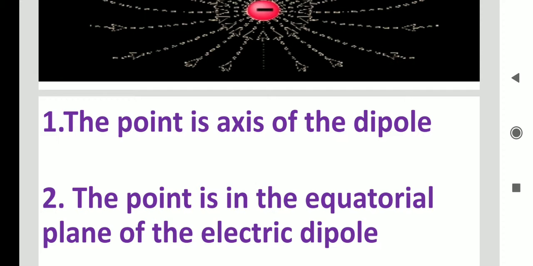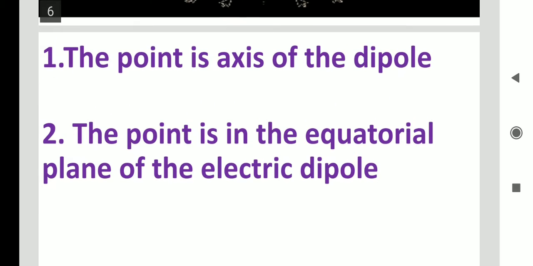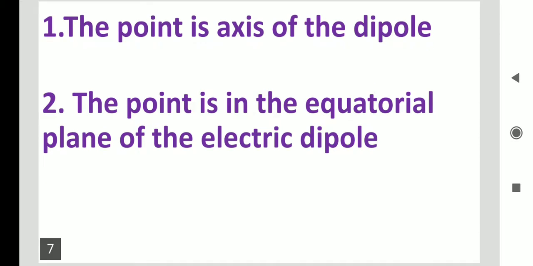So what are the two ways? The first case: if the point is on the axis of the dipole. The second case: if the point is in the equatorial plane of the electric dipole.